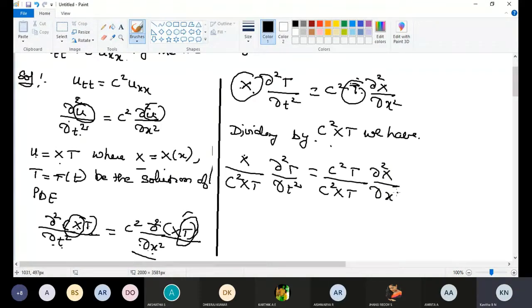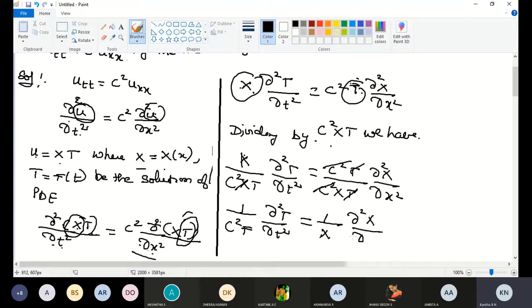Means here X and X get cancelled. Here 1 by c square capital T del square T by del t square is equal to, c square get cancelled, T and T get cancelled, 1 by capital X del square X by del x square.